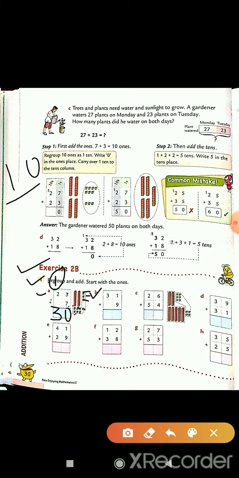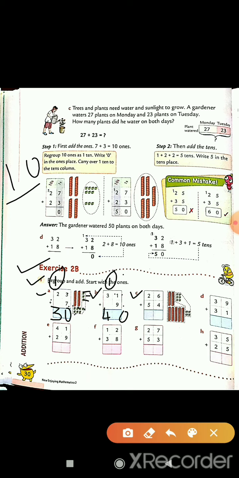B, 31 plus 9. 1 is added to 9. So what comes after 9? 10. So write 0 here and 1 is carried to the tens column. 3 plus 1, it is 4.